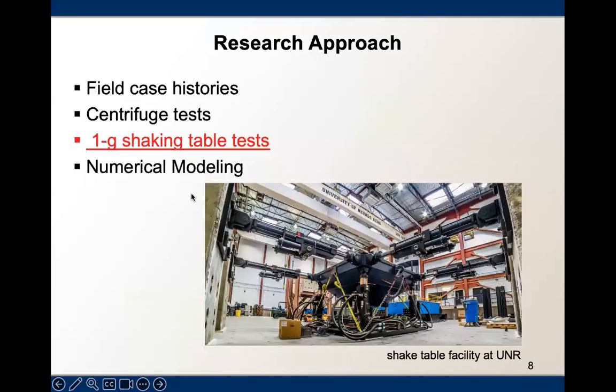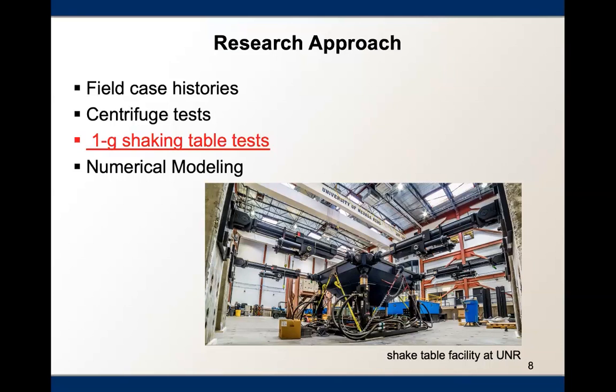The topic of buildings on shallow foundations in liquefied zones has been well studied by different researchers using different approaches. The first published paper in this area was by Yoshimi and Tokimatsu in 1977, based on field observations from the 1964 Niigata earthquake in Japan, followed by some 1G shaking table tests.